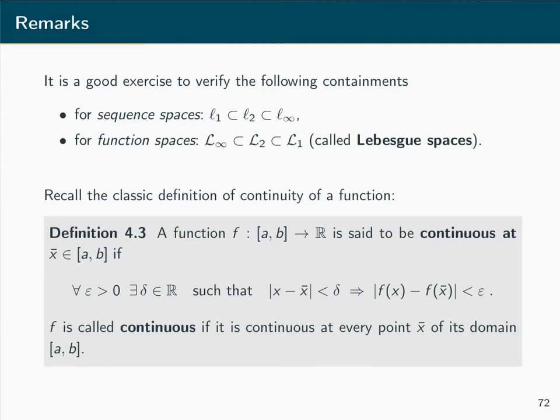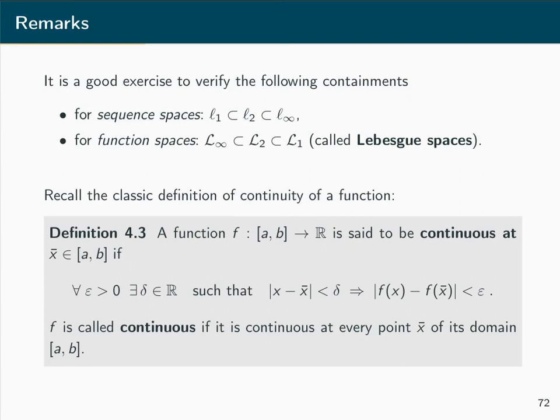So first, a function that maps from an interval a, b into R is said to be continuous at a certain point x bar in this interval if, for all epsilon greater than 0, there exists a corresponding delta in R, such that if x in the domain is close to x bar, and close means delta close, then also the function value f of x will be close to the function value of f of x bar, and close here means less than epsilon.